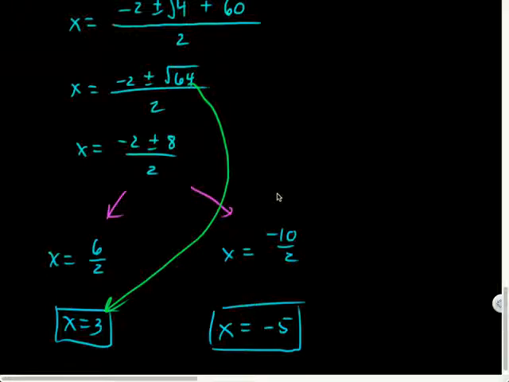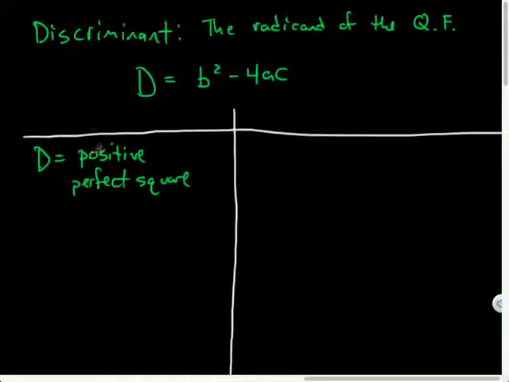So what I want to point out is that if it's positive, I will get 2 real solutions. And if it's a perfect square, those solutions will be rational numbers.